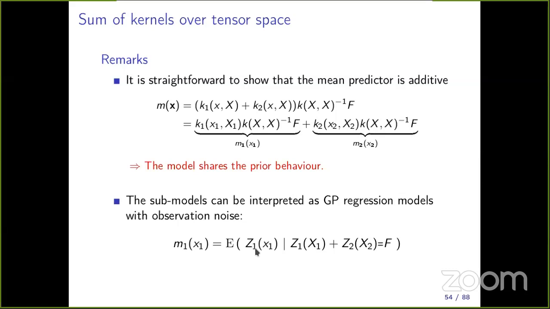If we look at them in detail, M1 here is basically predicting the GP on the first variable, given that I observe the GP on the first variable corrupted by the variations of the GP on the second variable. So this is like a GP model with observation noise, just the observation noise is structured, it is correlated by what's happening in the other direction. But in a nutshell, the mean function will be a function of x1 plus a function of x2. So it's still an additive function.